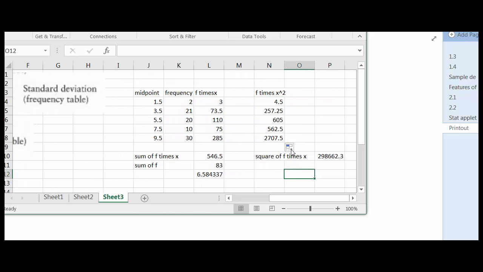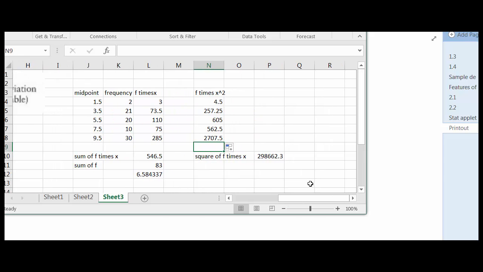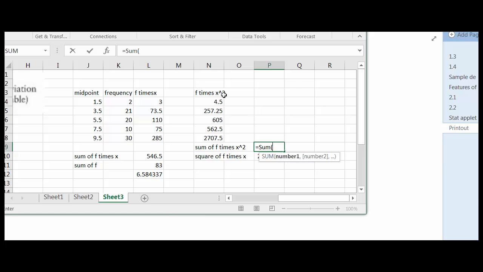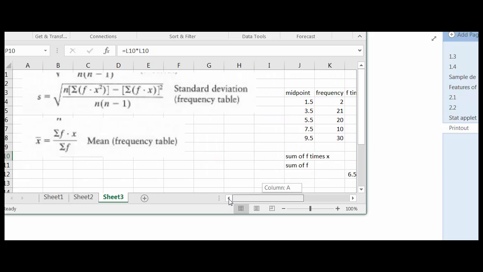So the sum of f times x squared. I'm going to add that whole new column that we just found. And then before I subtract, I need to take that n into account.